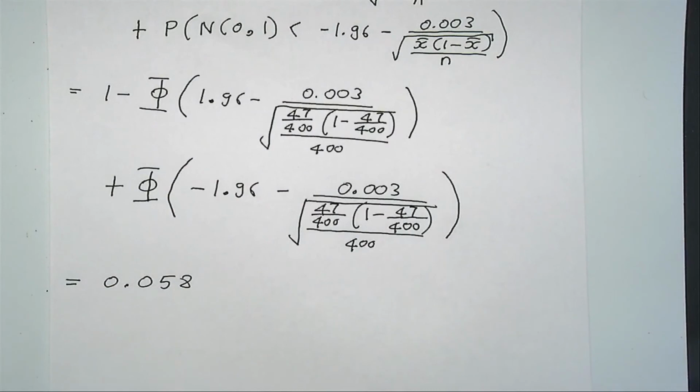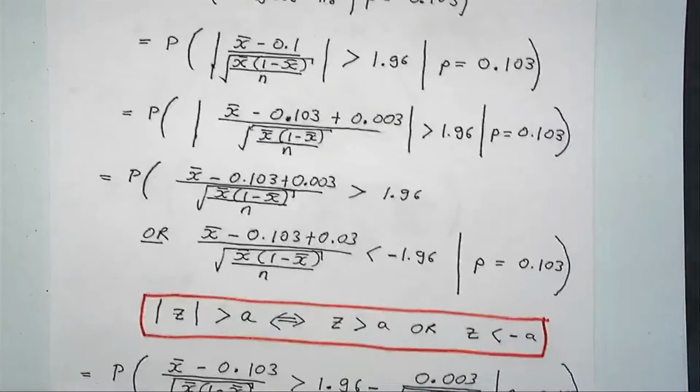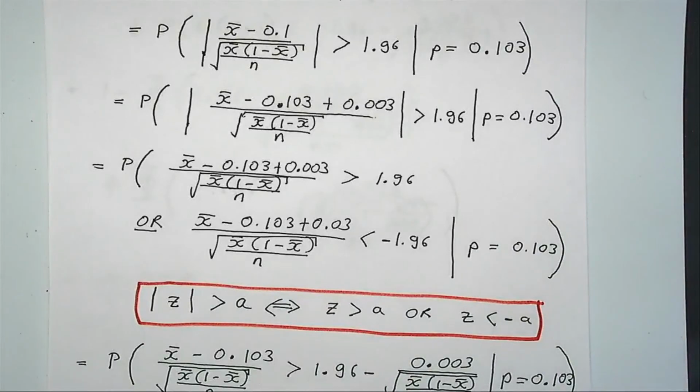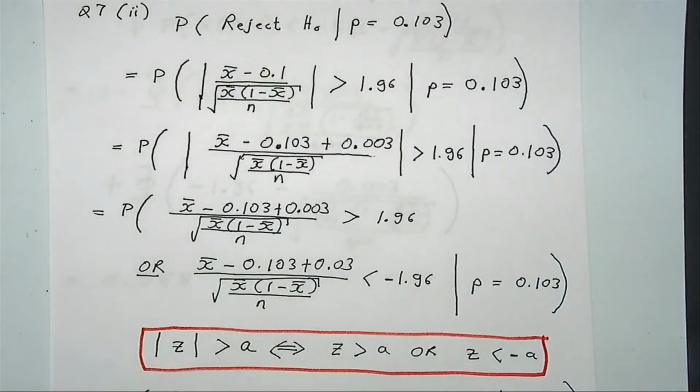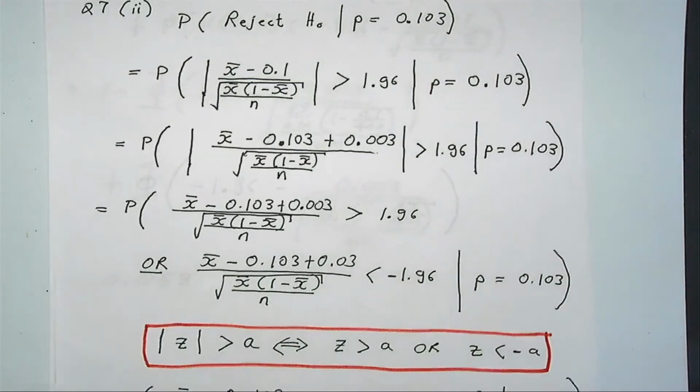So that is the probability of rejecting the null hypothesis when p is 0.103. Okay, now we need to repeat the whole thing when p is the other value, which is 0.105. Okay. So let's repeat it.